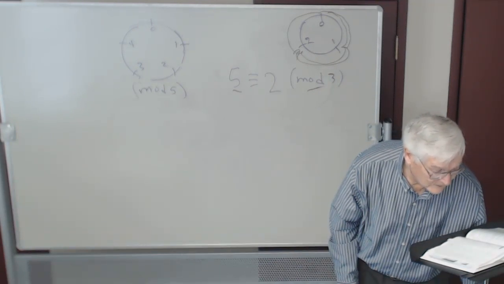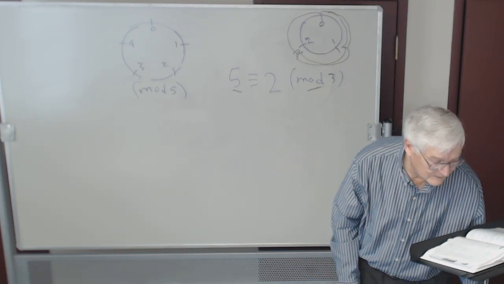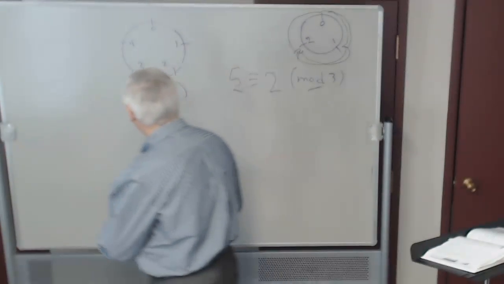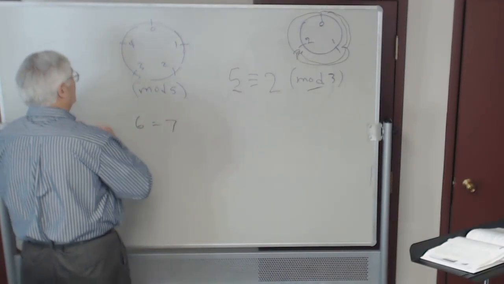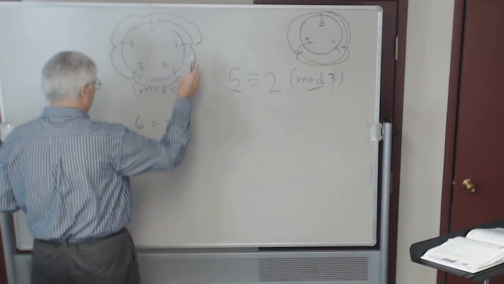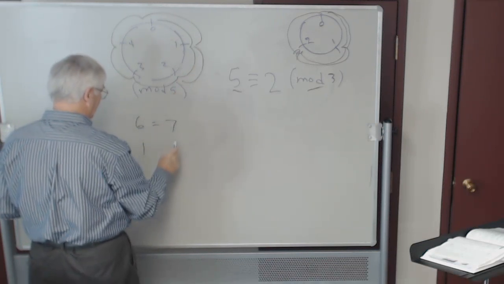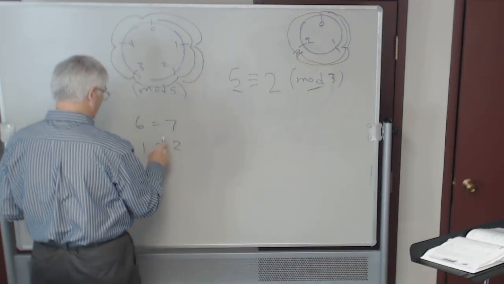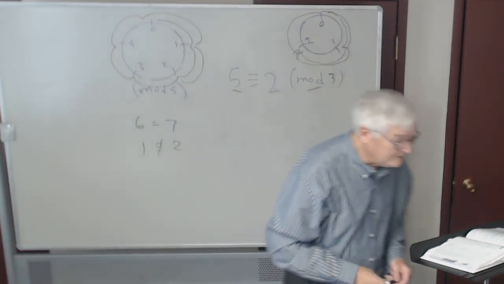Now 43, 6 equals 7. Does 6 equal 7? I don't know. Let's see. 1, 2, 3, 4, 5, 6 ends up at 1. 7 ends up at 2. So no, they're not equal, are they? 6 doesn't equal 7.